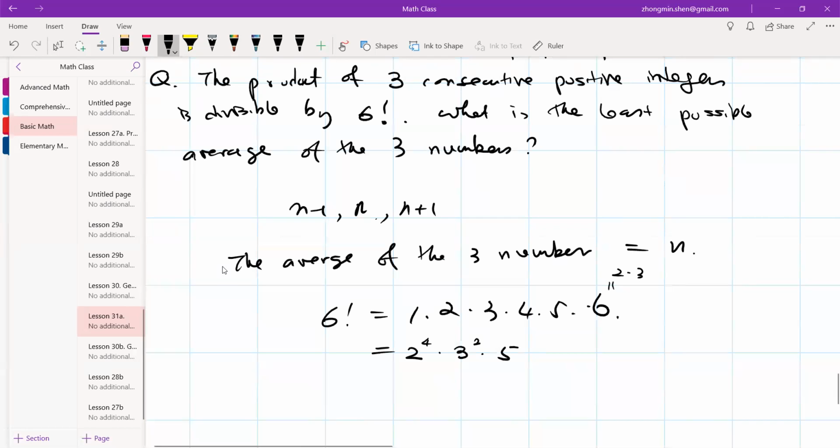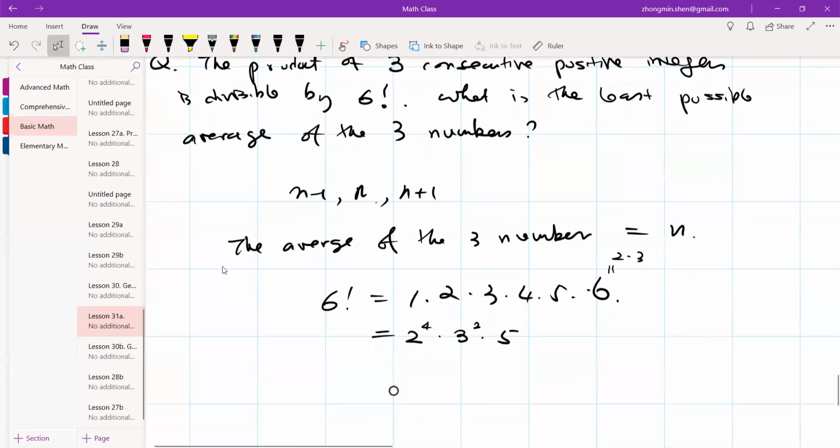The product of 3 consecutive integers, we already said, must be divisible by 6. But now it must be divisible by 9 here, and by 5.